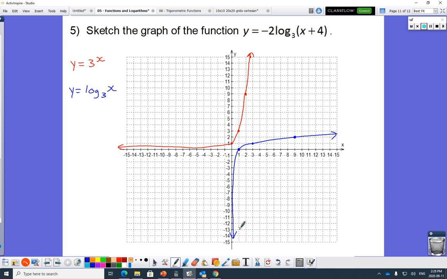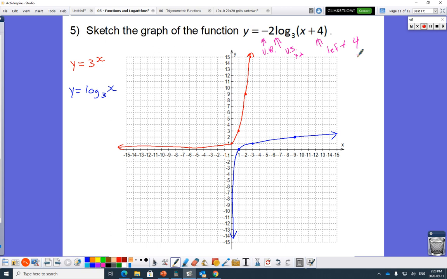The rest of this, hopefully, is old news. This is where you get back to your essential knowledge that you already have. What do I got to do to this log base 3 graph? Vertical reflection, vertical stretch times 2, a little left 4 type action. Does that part all ring a bell, though, when we get there?